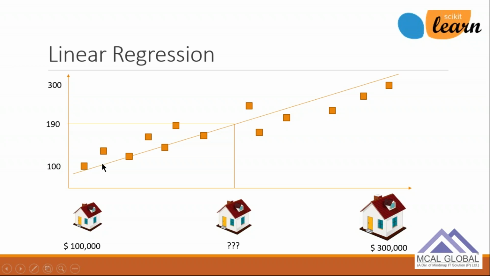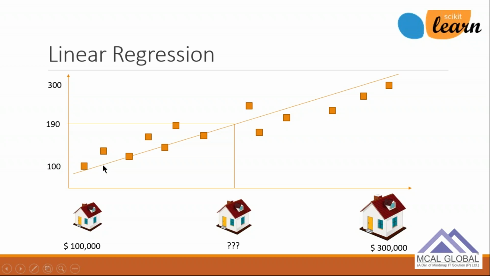If you drop a line perpendicular to your x-axis here, it will cross the line here. So this particular point will have a value, and this point has a value. What is the difference between this value and this value?